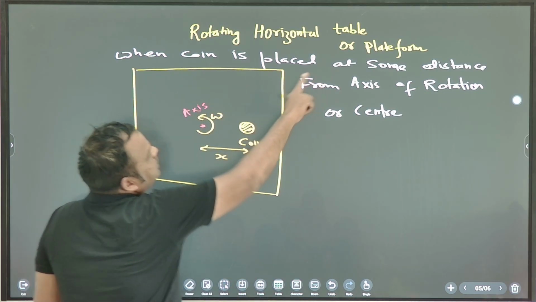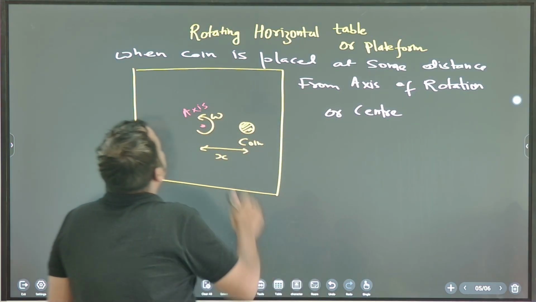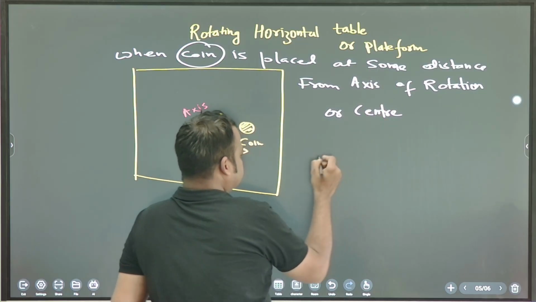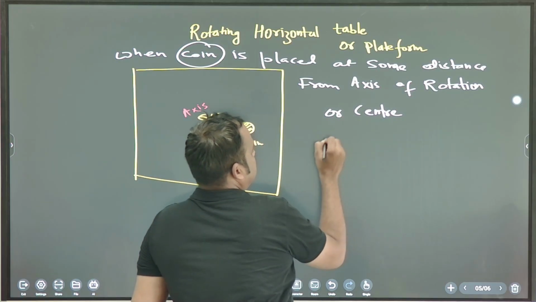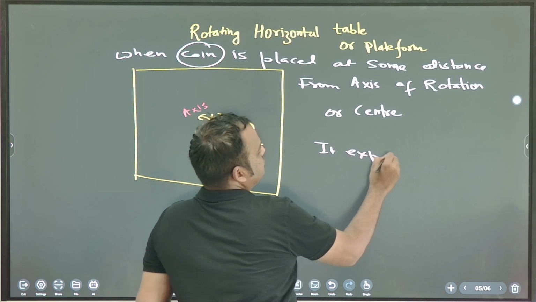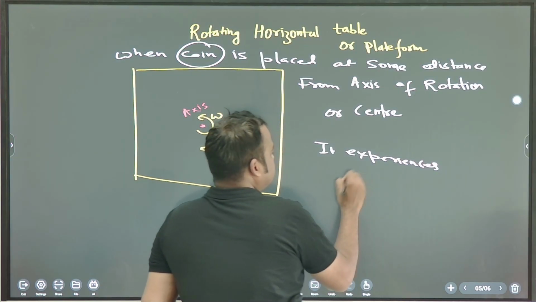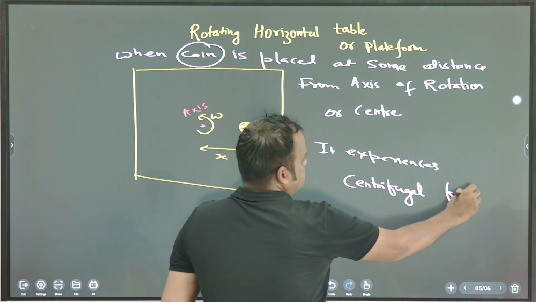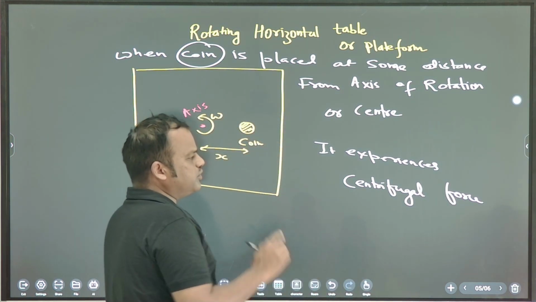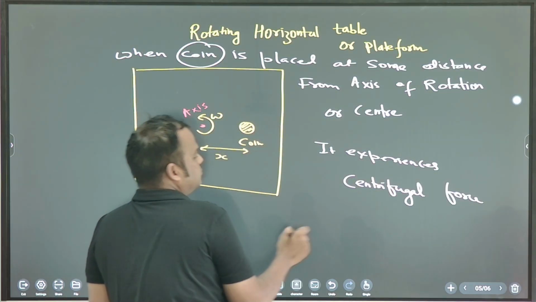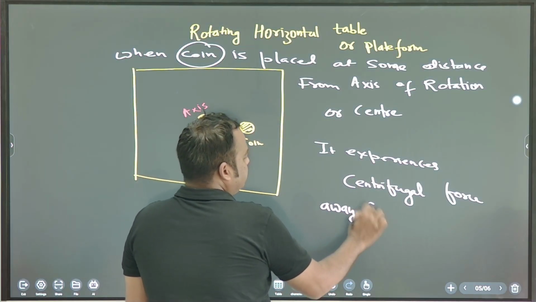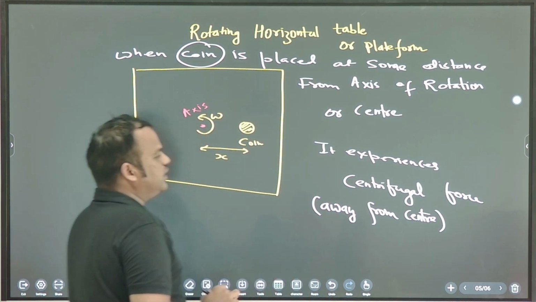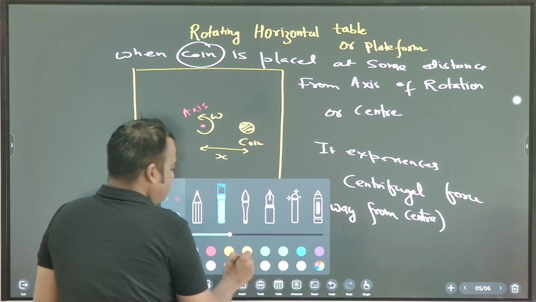When coin is placed at some distance from the axis, it experiences centrifugal force. What is the direction of centrifugal force? Away from center. So this is the direction of centrifugal force.